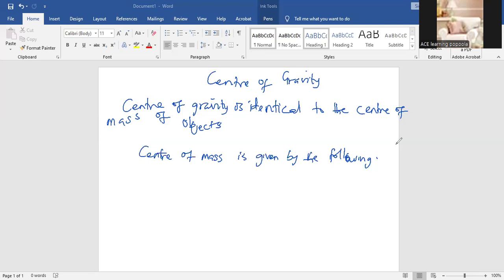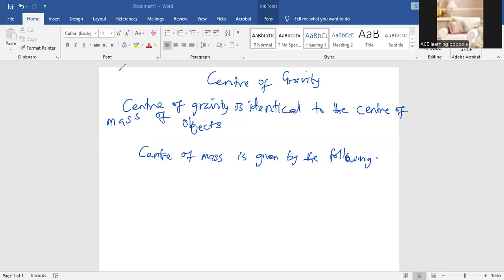An object, or any object, is a collection of tiny particles. Objects are made of tiny particles, okay? And each particle located in that object has X, Y, Z coordinates. So we're going to be expressing the center of mass with respect to these X, Y, Z coordinates.